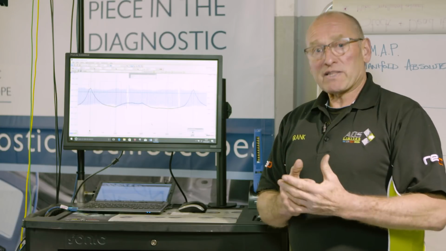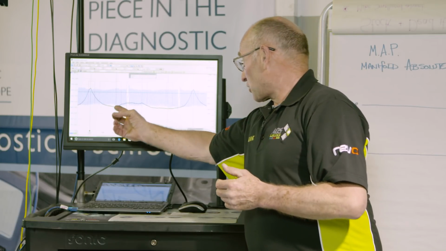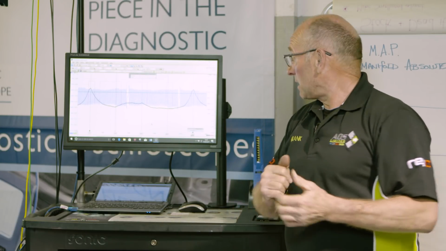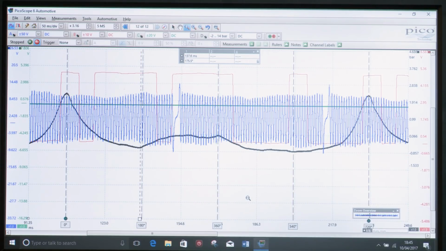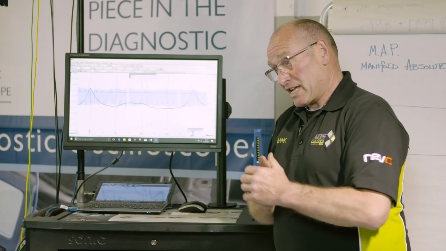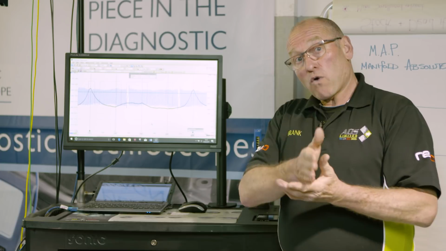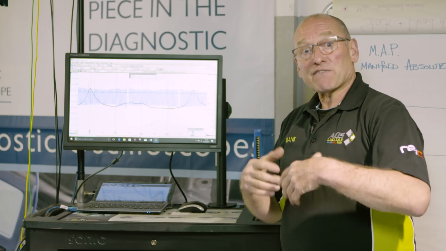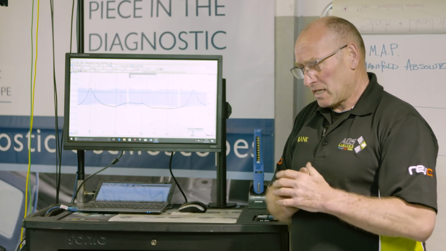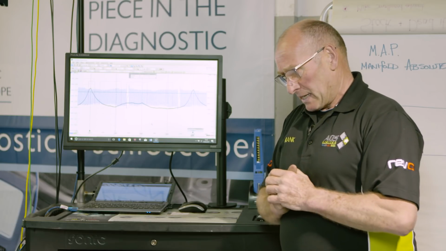We have a relationship between a functional effect in the 4-stroke cycle and the electronic position of the sensor. So we can now start to predict with a great deal more accuracy the function of the engine electronically, overlaid with its physical function in terms of pressure in the cylinder. And I'm much more comfortable with that.